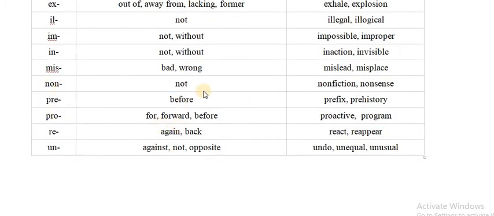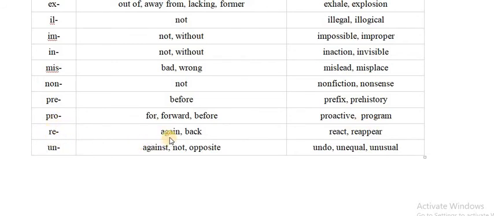Non means not. Non-fiction, nonsense. Pre means before. Prefix, prehistory. Then next, pro means for, forward, before. Proactive, program.